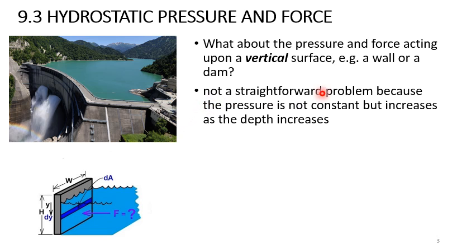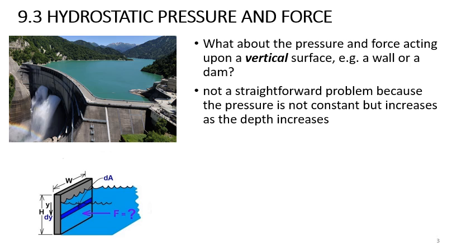It is not a straightforward problem because the pressure is not constant, but it increases as the depth increases. Like previously we said that if you are at this point, you will experience the same pressure as someone who is at this point, because as long as you are on the same horizontal line with the same height, then you will experience the same pressure.